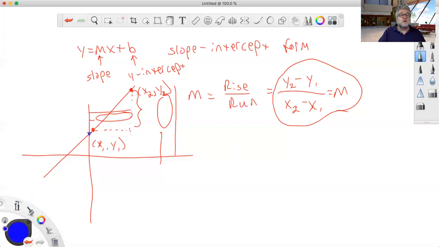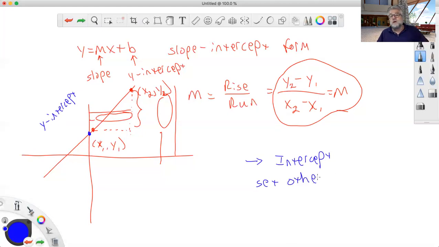Right here, that's the y-intercept. And we're going to find a lot of intercepts. And whenever you look for the intercept, be it the x-intercept or the y-intercept, you set the other coordinate to 0.